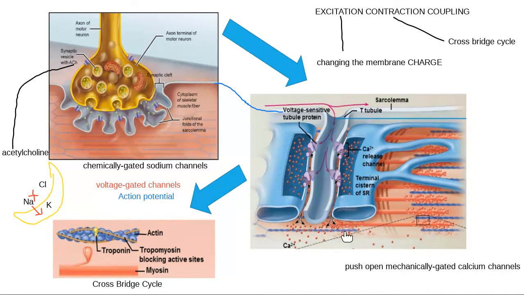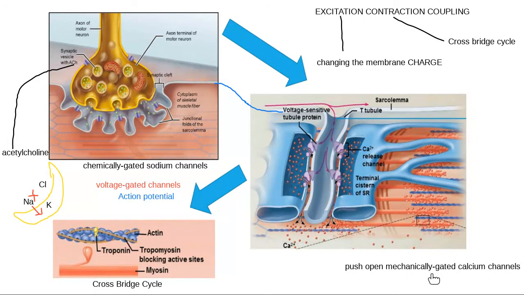And remember, calcium is what I used inside my sarcomere to get rid of that push pin. So before we can do that stuff that we talked about earlier, the 4 steps of the cross-bridge cycle, we've got to do all of this stuff first. I've got to get calcium released so my push pin will pop out. The way I get calcium released is by pushing on my mechanically gated channels.